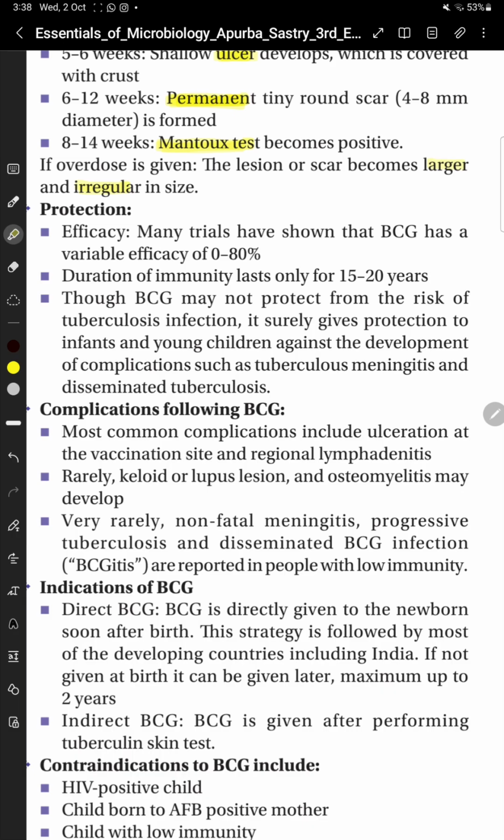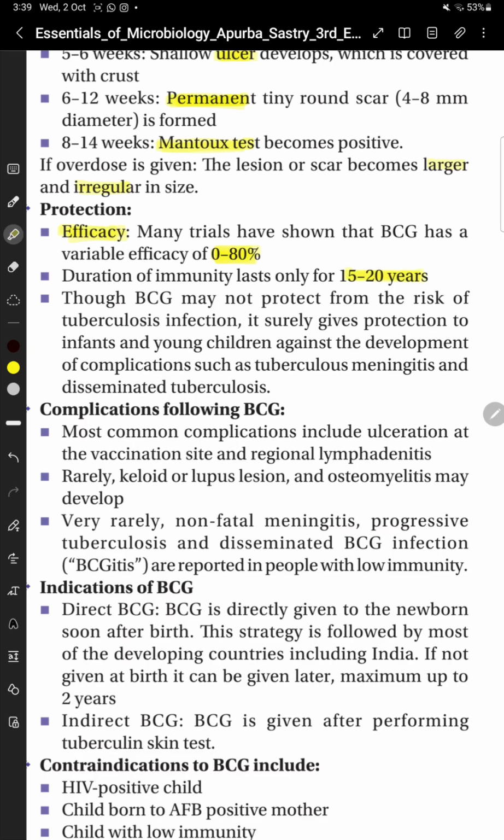Efficacy. Many trials have shown that BCG has variable efficacy of 0 to 80%. Duration of immunity lasts only 15 to 20 years.